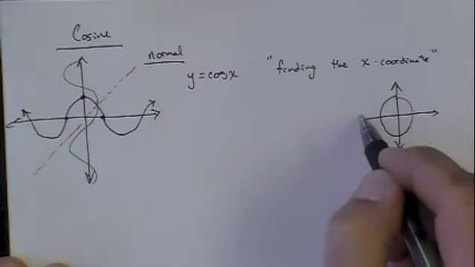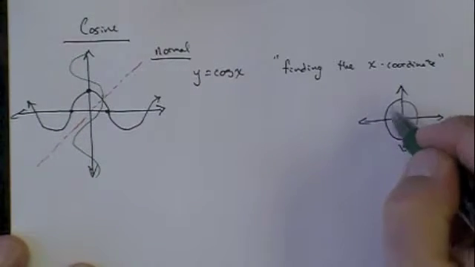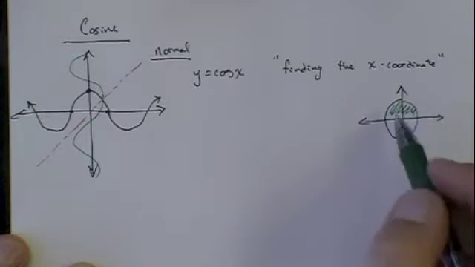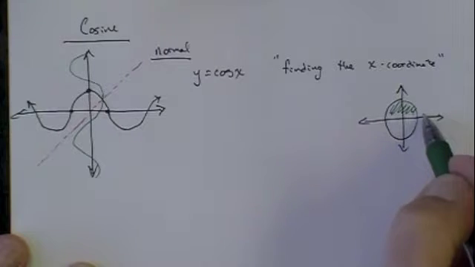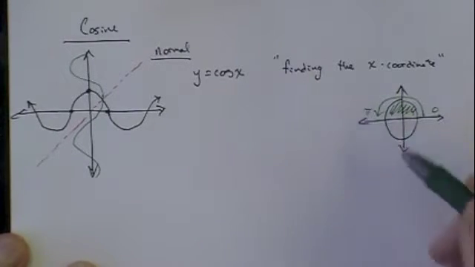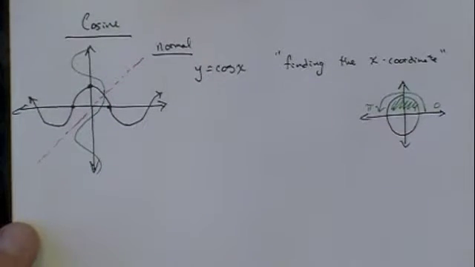And because we're talking about those x values, what we're going to look at for cosine is the top half, so that we have the positive values over here, negative values over here. So we're going to go from here all the way to this side. So from 0 to pi gives us all of those positive and negative values for cosine.